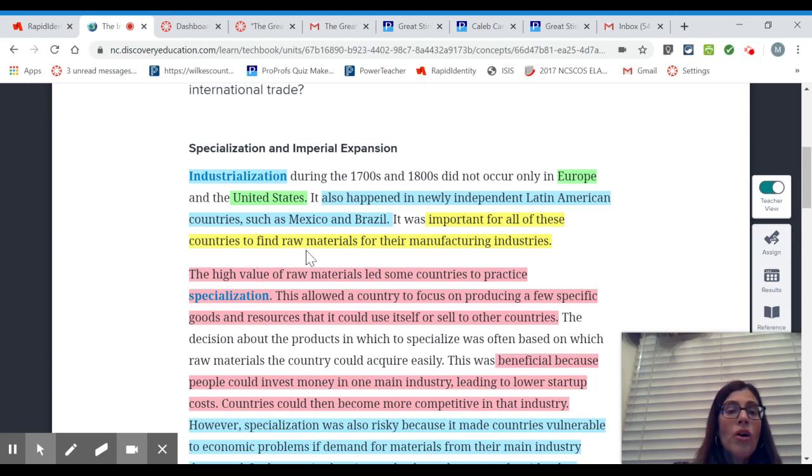So up and coming stars that were part of industrialization were Mexico and Brazil.